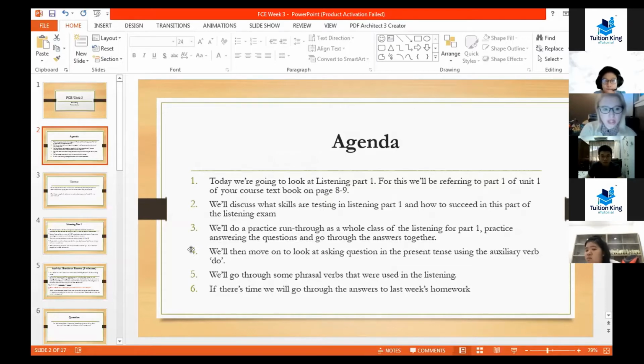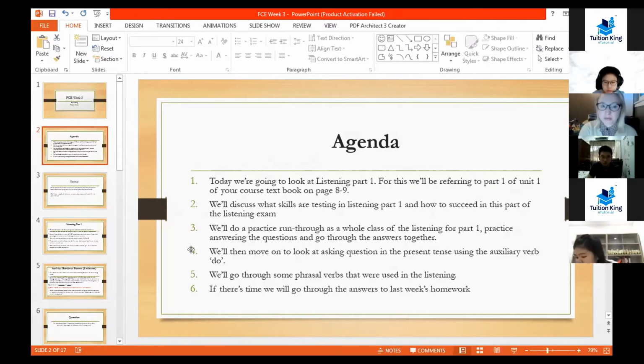Now, I know that 1 or 2 of you emailed me asking me to remind you what the homework was. I actually couldn't access the Tuition King website yesterday to email you back. But if you don't remember what the homework was from last week, don't worry too much, because we are going to go through the answers together today.